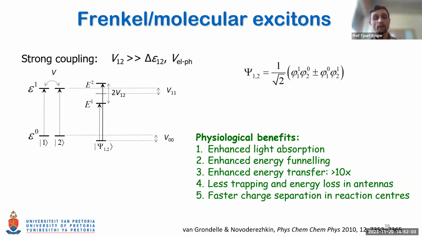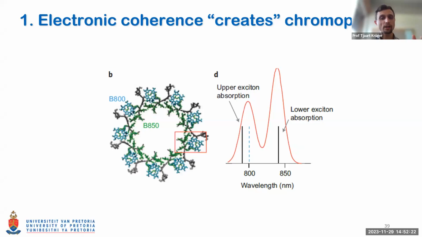There are a lot of physiological benefits in the context of photosynthetic systems. I've listed here the five that I can identify. The first is that it gives rise to enhanced light absorption. To illustrate that, let's have a look at this LH2 light harvesting complex of purple bacteria.